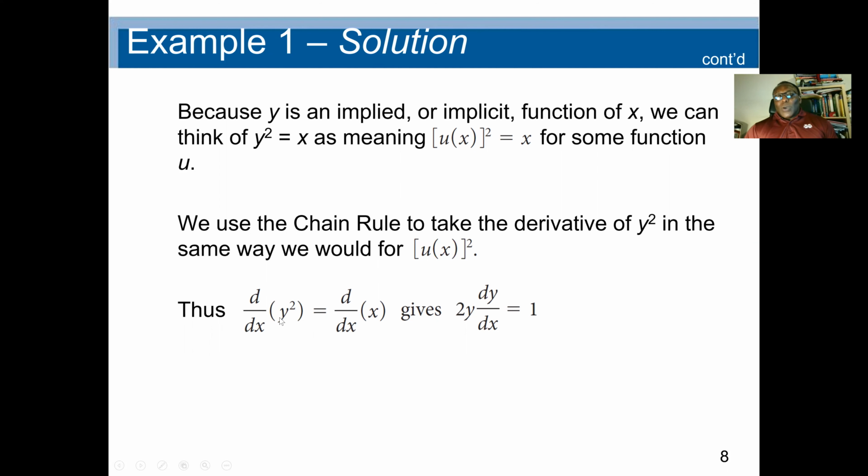The derivative of y squared gives me 2y multiplied by dy/dx, and the derivative of x is 1. So finally, we take the 2y across the equal sign, and it will divide. Our answer is dy/dx equals 1 over 2y.